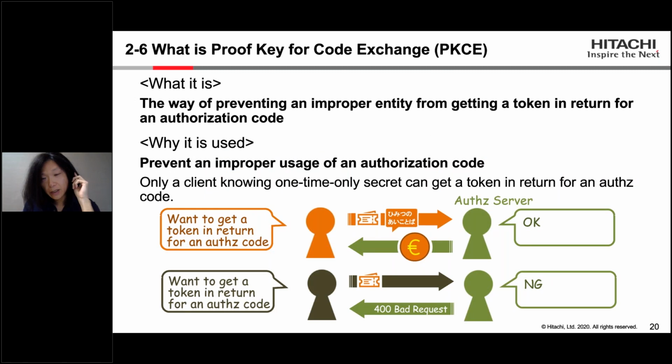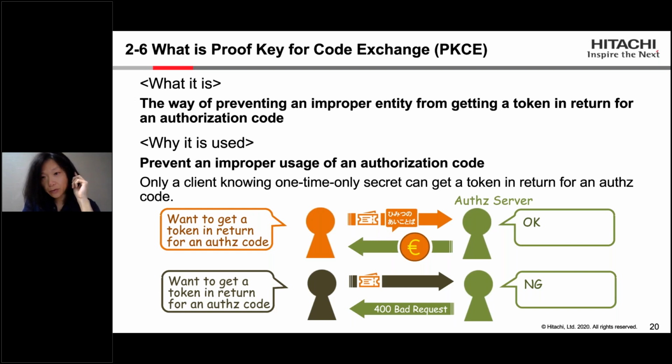So finally, I would like to pick up Proof Key for Code Exchange as a method for realizing sender constraint authorization code. This is specialized for the authorization code. It is a way of preventing an improper entity from getting the victim's token in return for the victim's authorization code.